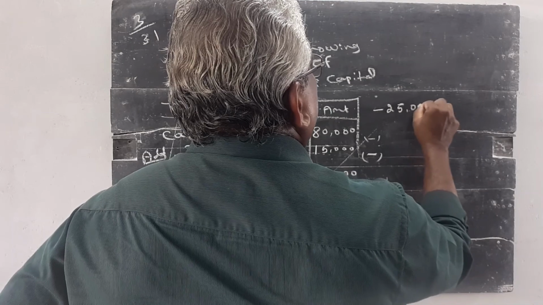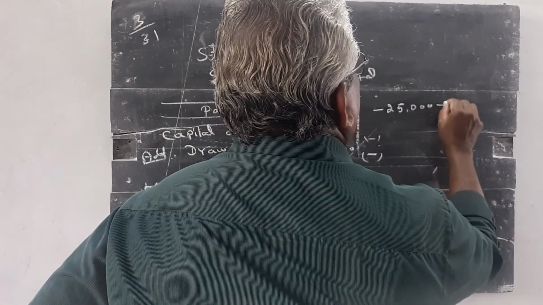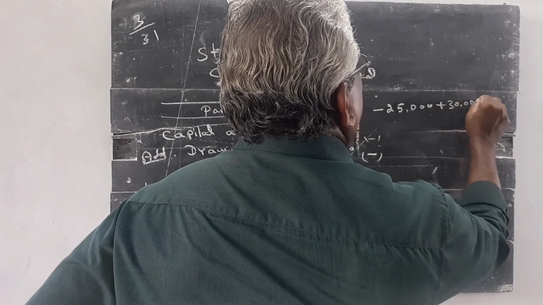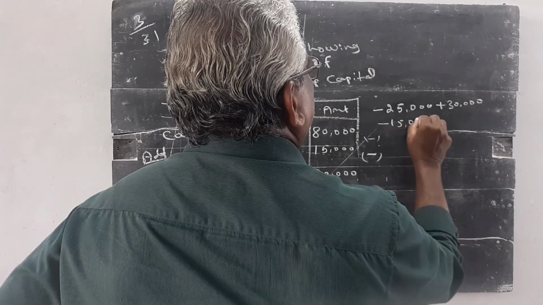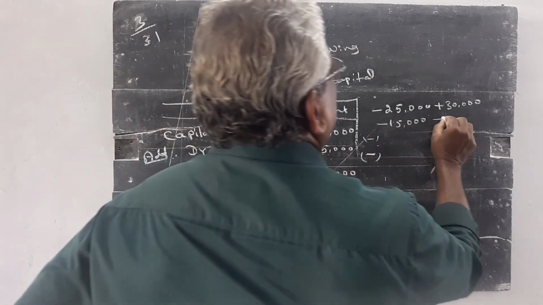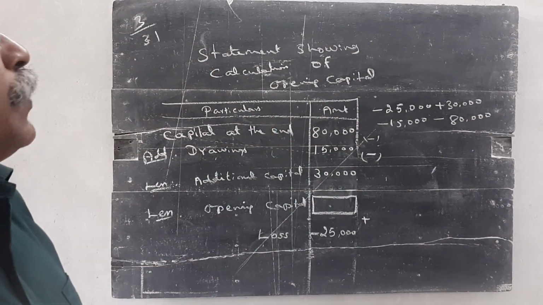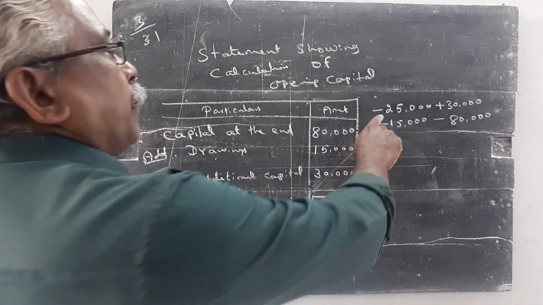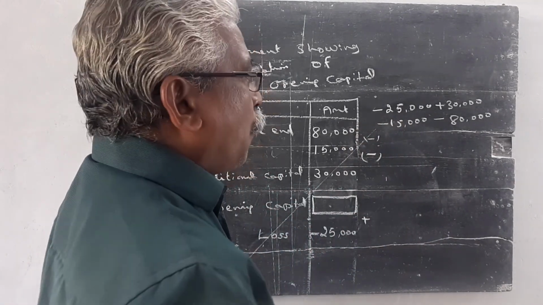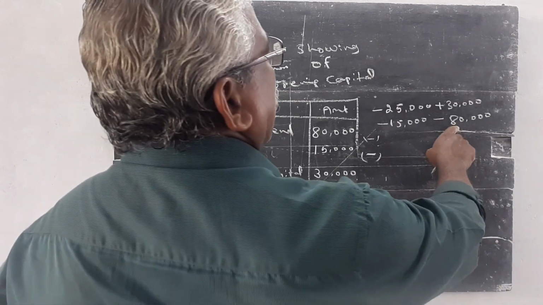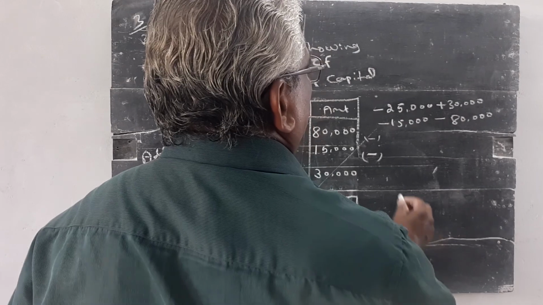So, here you write minus 25,000 plus 30,000, then minus 15,000, then minus 80,000. We have to add all the minus figures one by one. 25,000 plus 15,000 is equal to 40,000. 40,000 plus 80,000 is equal to 1,20,000.